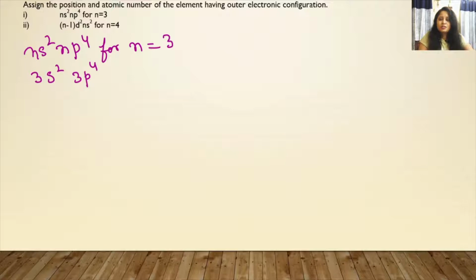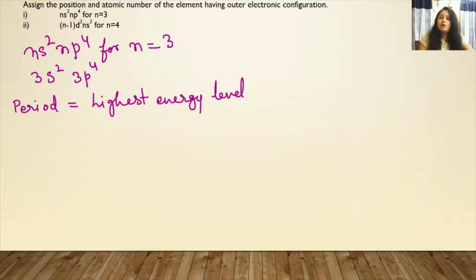We don't know what is the atomic number, but still we can find the position in the periodic table. So first we will start with the period. As I told you earlier, what is the trick to find the period? It is the highest energy level, or we can say quantum number n, that is also the same thing.